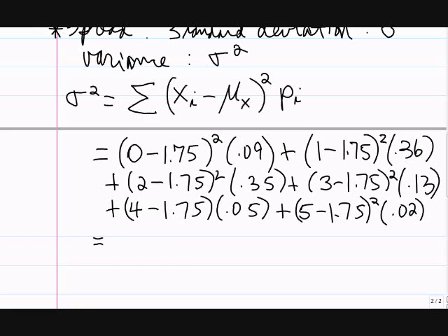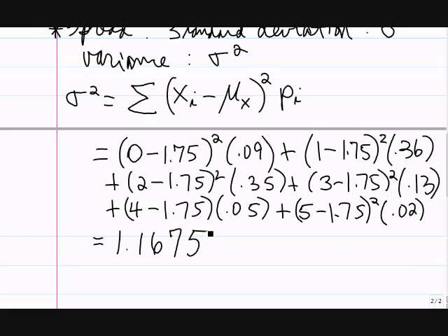Nope. Doing badly so far, unless I've written something down wrong here. 1.1675?